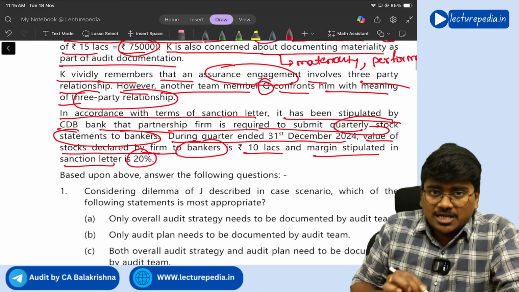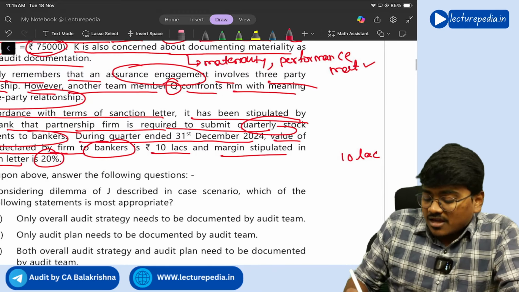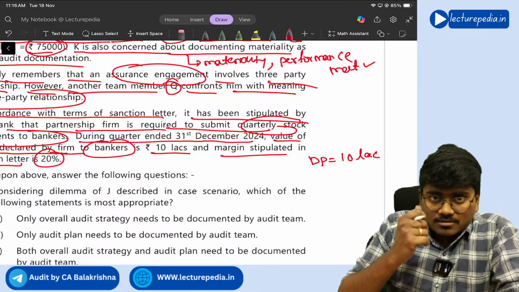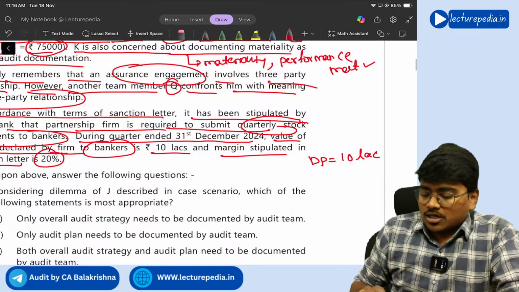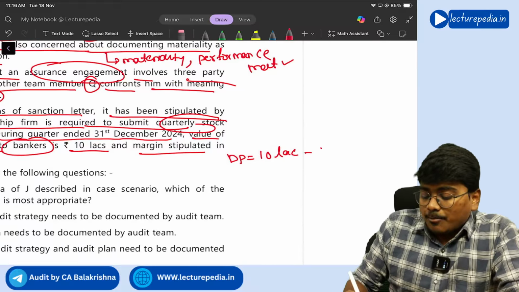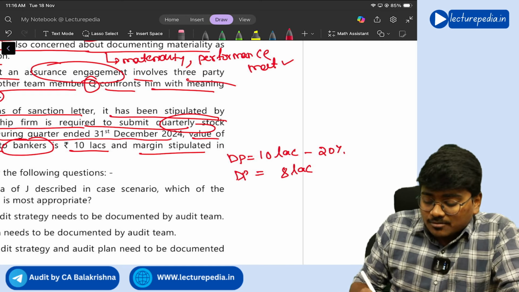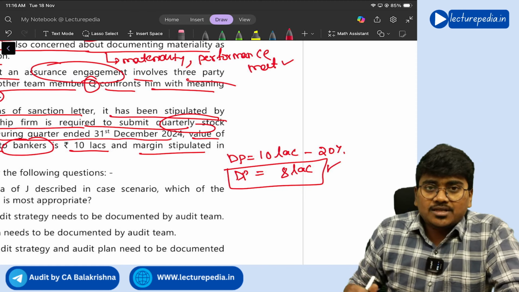and margin stipulated in sanction letter is 20%. So if you remember, for calculation of drawing power limit, you will reduce a margin from the stock. So stock is 10 lakhs minus 20% of 10 lakh. How much it will come? 8 lakhs. So drawing power for this company is 8 lakhs.